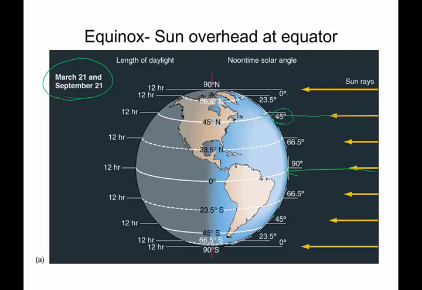If you look at both poles, at the North Pole, the sun's rays are going to be on the horizon on the equinox, and at the South Pole, the sun's rays are going to be coming straight from the side, also on the horizon at those equinoxes.